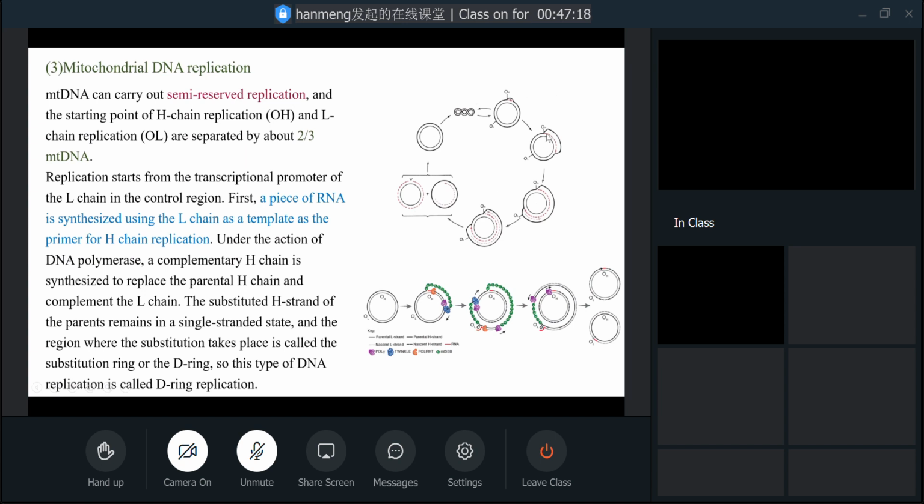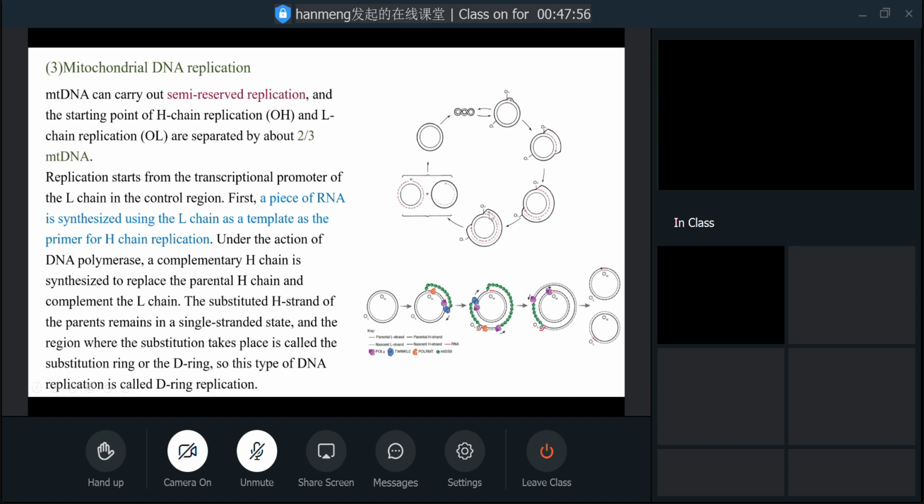Here, the red chain is the new heavy chain, and the substituted heavy chain of the parent remains in a single-strand state. The region where the substitution takes place is called the displacement loop or the D loop, because it looks like the character D. So this type of DNA replication is called the D loop replication.